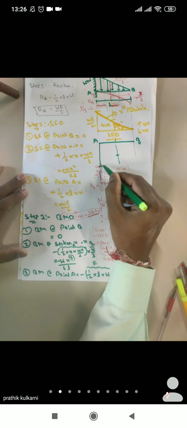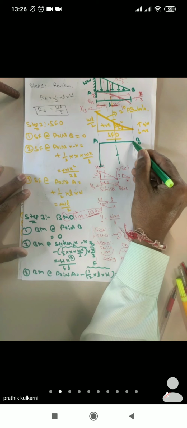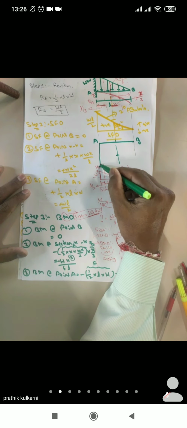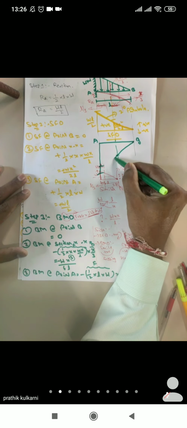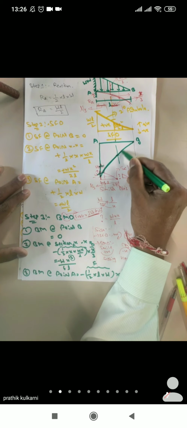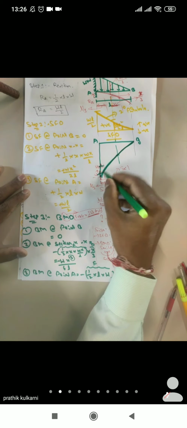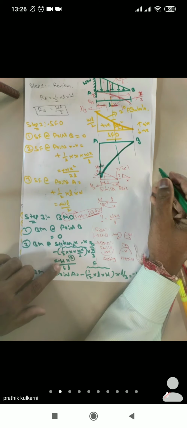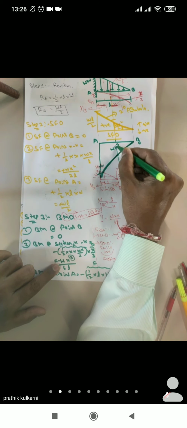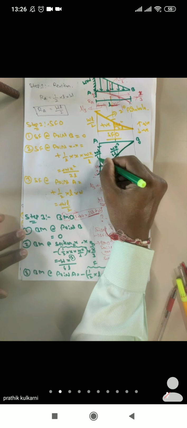If you join all three, you'll get a 3-degree parabola. This is my value WX cube by 6L, and this one is WL square by 6.